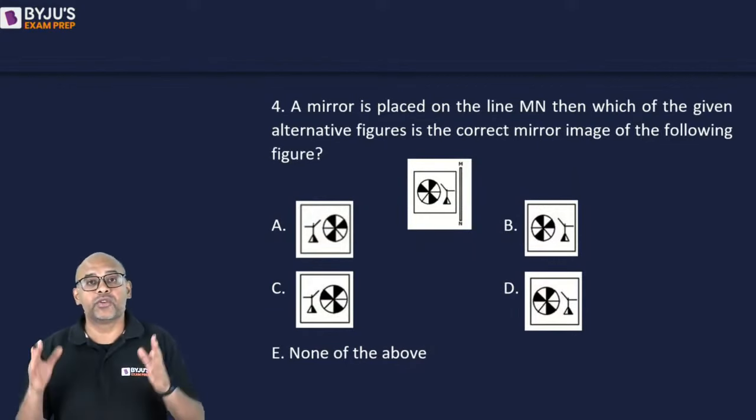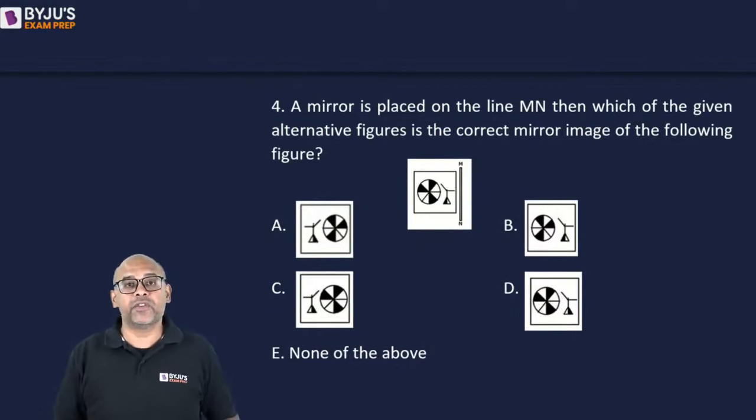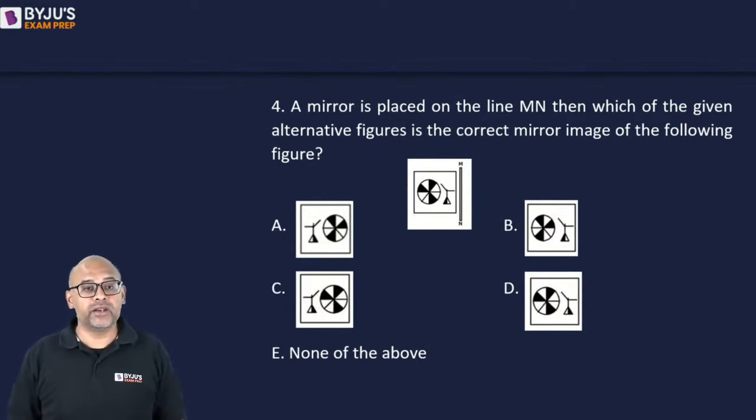Mirror image. Let's go ahead and take a look at this. 60 seconds for you. Let's see how many of you get the answer. Please mention the question number and then give the value.